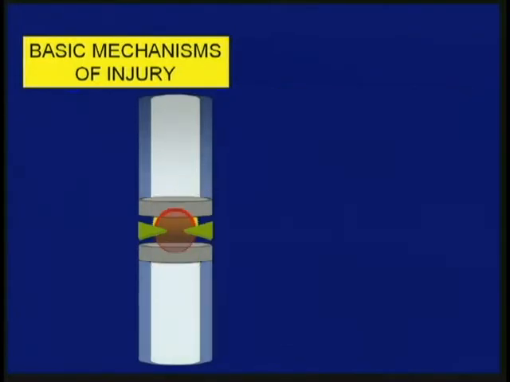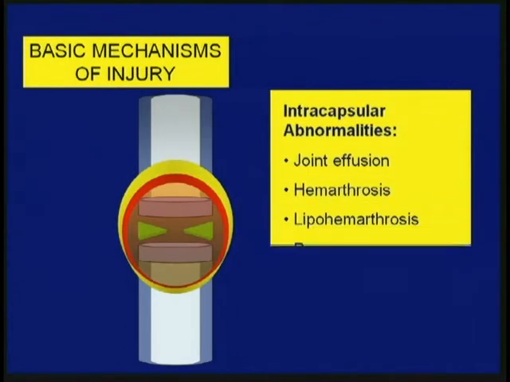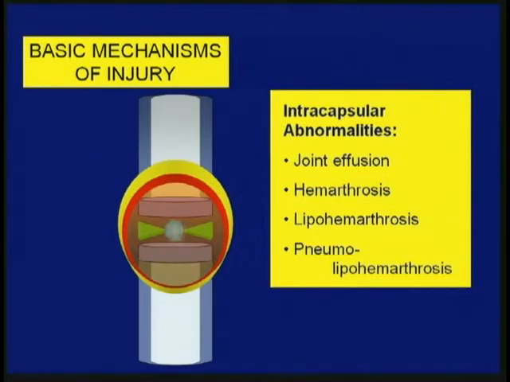When the two bones collide, there are 4 possible pretty acute events that take place in the joint. 3 of these have fairly specific features: hemarthrosis, lipohemarthrosis, and the worst, a pneumolipohemarthrosis. We see that particularly in the hip with fractured dislocations and gas present as well within the joint.